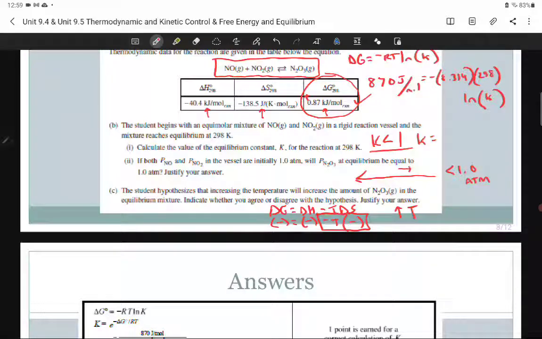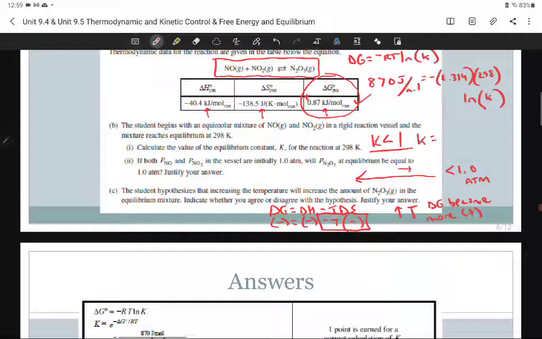So that's going to have the reverse effect of what we want to happen. That's going to make the delta G become more positive, not more negative. So extra temperature is going to have the opposite effect.